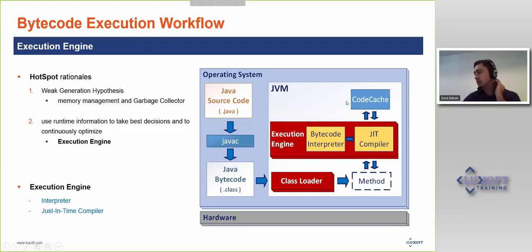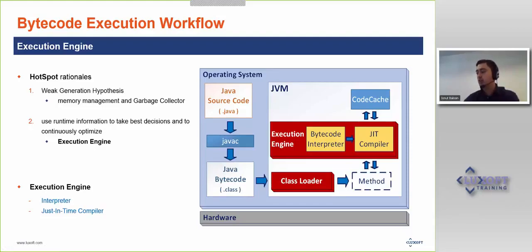Here on the right in this picture, we see the overall process of how it looks and how it works. At the beginning, we have the source code, which is mainly our .java class. We have to compile it. We get the bytecode. But what happens after we have the bytecode?